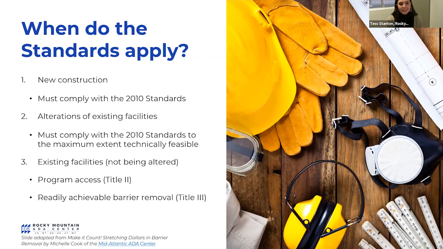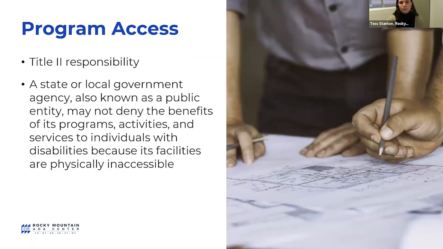And then existing facilities, so facilities that aren't being altered but already exist, should be brought up to the standards. Under Title II, a facility has to comply with the standards to provide program access. And then Title III facilities have to provide readily achievable barrier removal. So I'll explain what those terms mean.